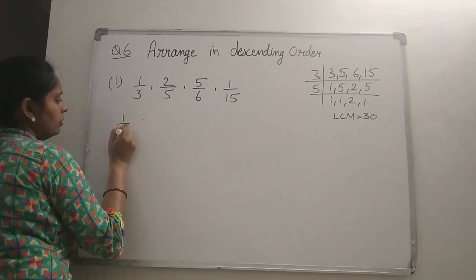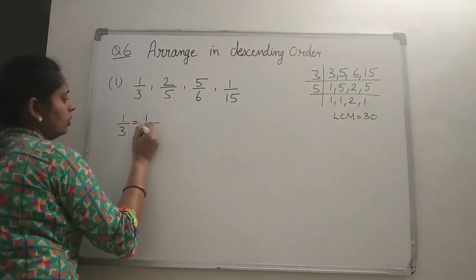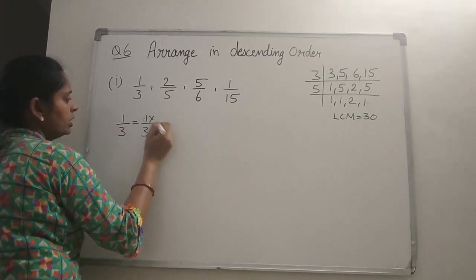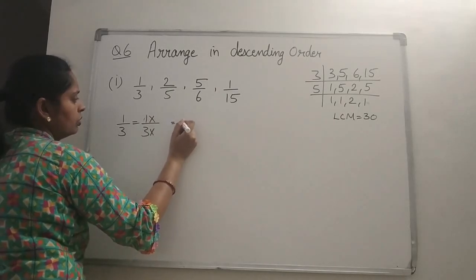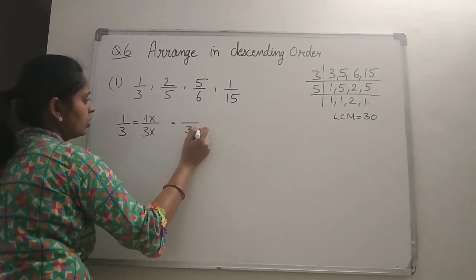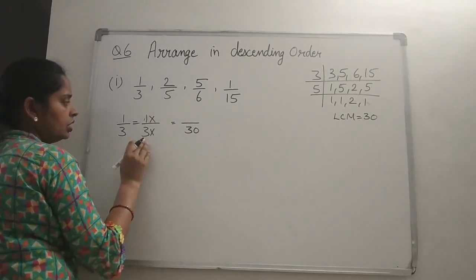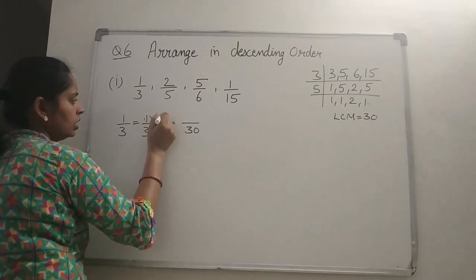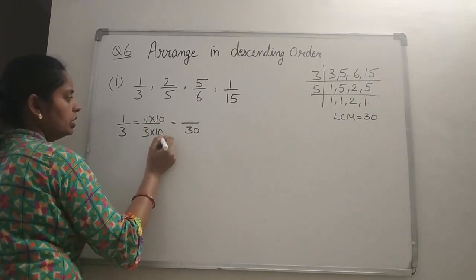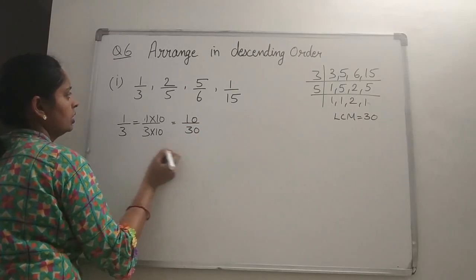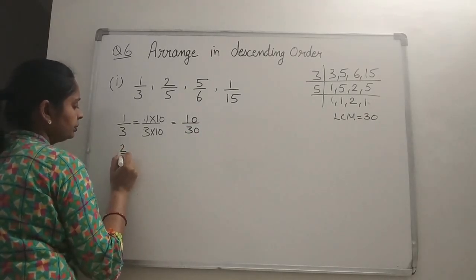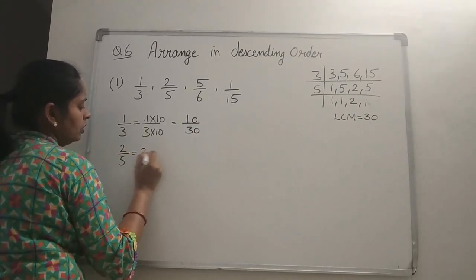So let's make 1 upon 3 equal to 1 upon 3. What we need to multiply in 3 to get the answer as 30, because we have to make the denominator 30. So 3 tens is 30. So 10 in numerator and denominator. So you get 10 upon 30. 2 upon 5 is equal to 2 upon 5.